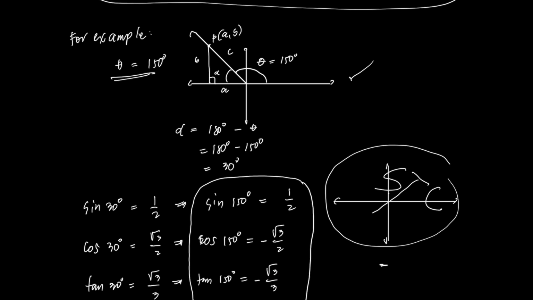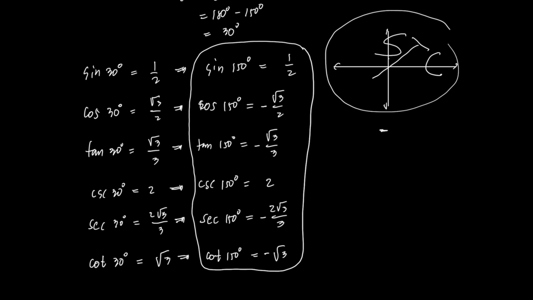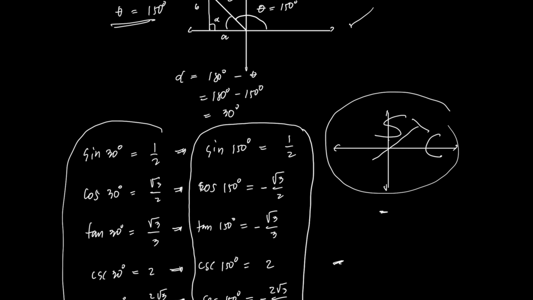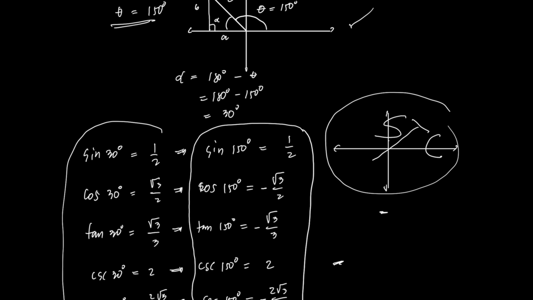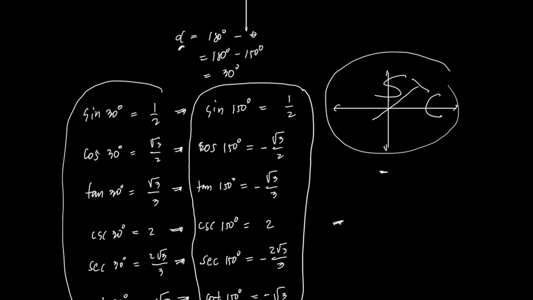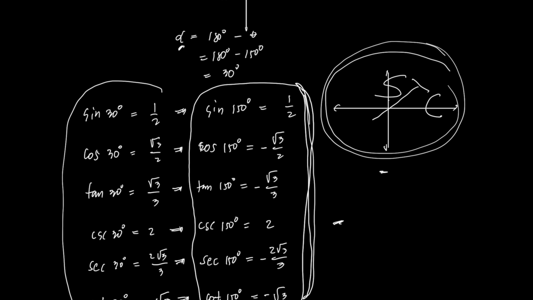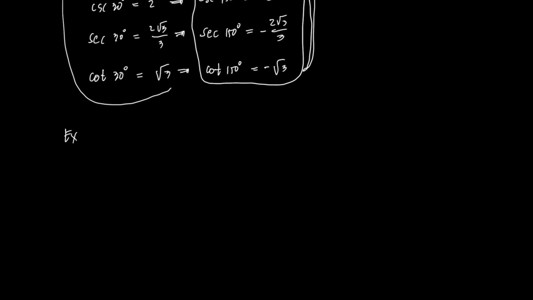Now, if you don't want this one, then you can use what we have just done here, which is locating the values of the angles that are equivalent to our reference angle, and then copy the values, then locate the signs whether they are positive or negative using this concept.